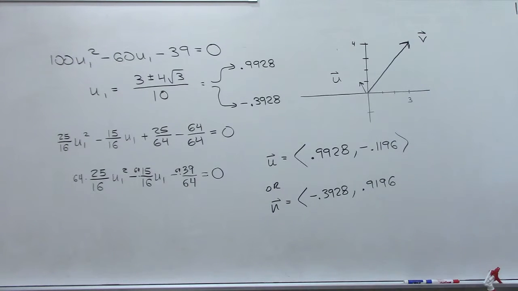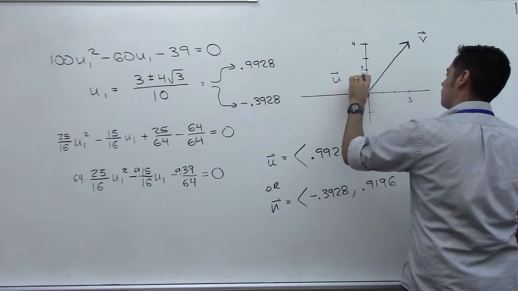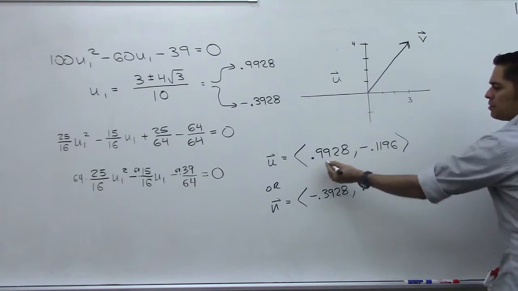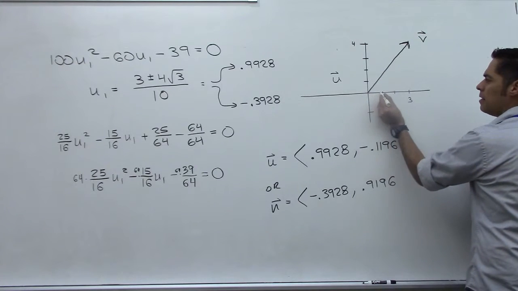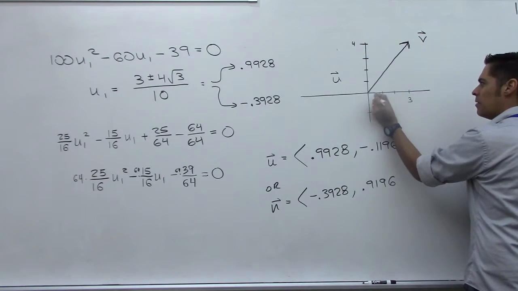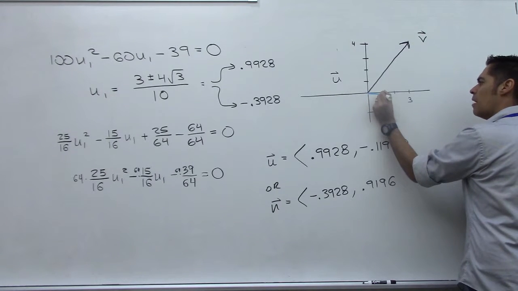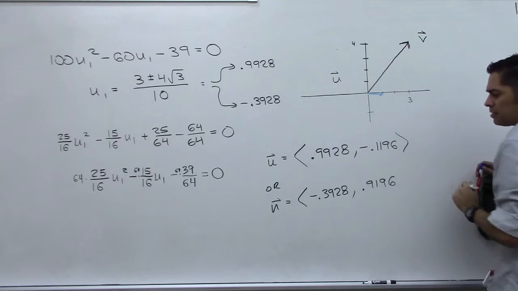Okay, so let's take a look at those. This one right here, 0.9928 is here, and then down 0.1, so it's really close, right in there, just down a little bit. That vector should be a unit vector and have an angle of 60 degrees.